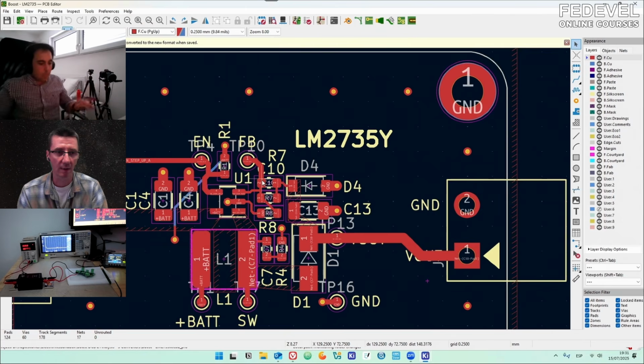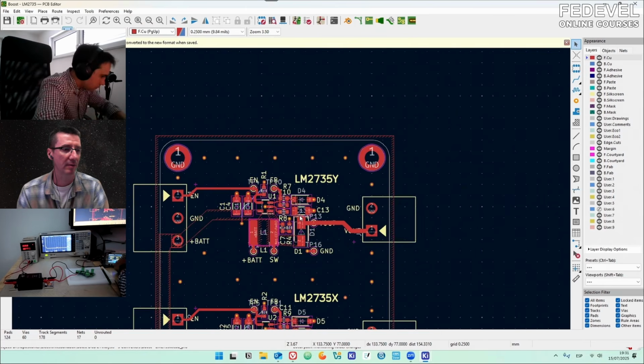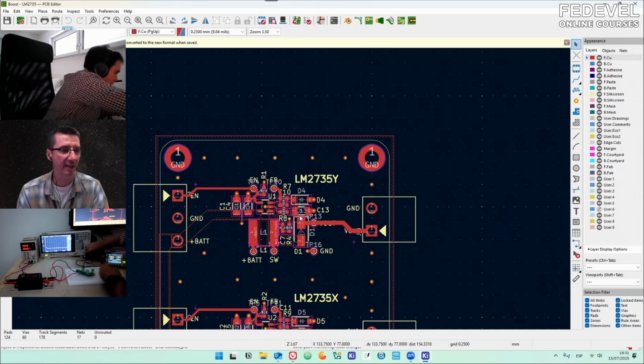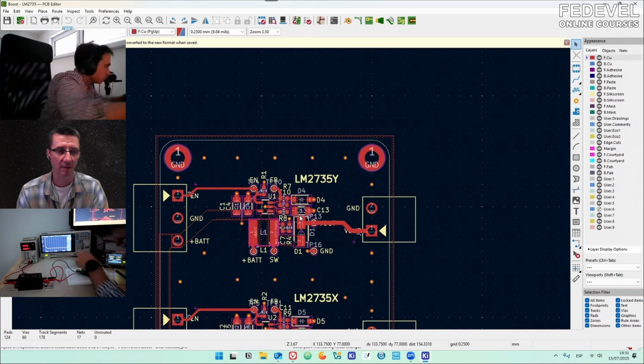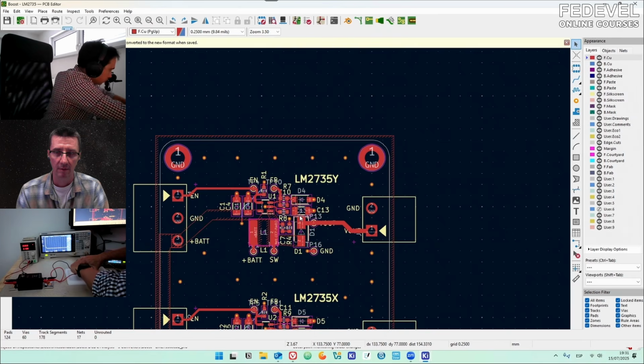Okay, so let's change to a different power supply. Is there something else? So let's see. Oh, that's the different frequency. So let me change the connectors here.